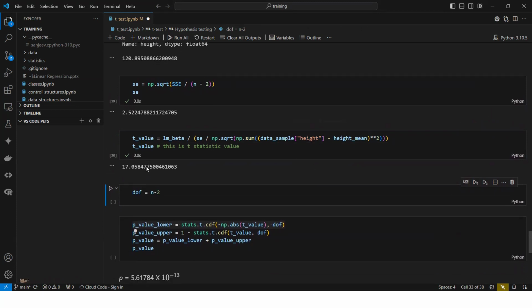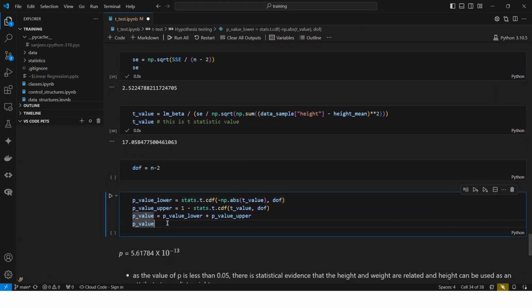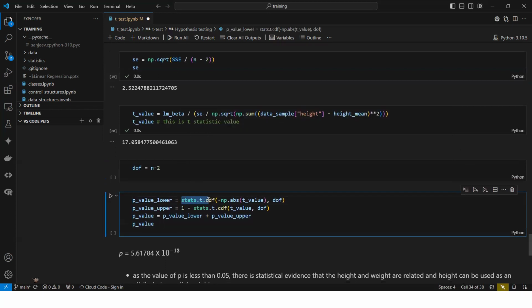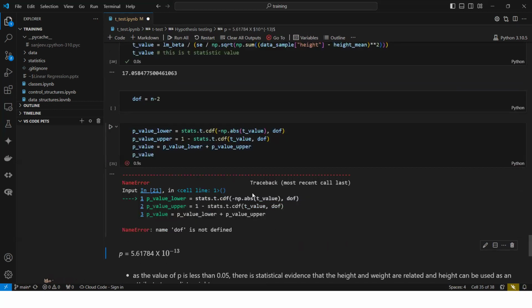Once I have the t value, I can calculate my p value. The p value would be calculated using the stats library, t dot cdf, passing our t value to it with the degrees of freedom. As we have 21 samples, the degrees of freedom will become 19, and at 19 with this t statistic, we will get the p value.